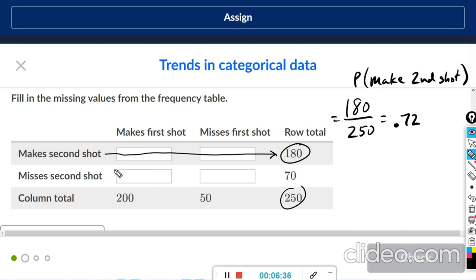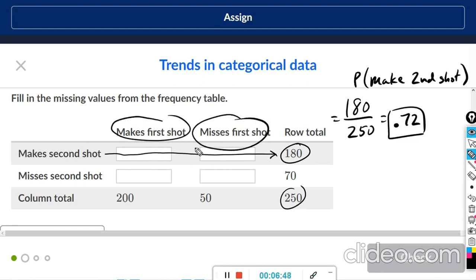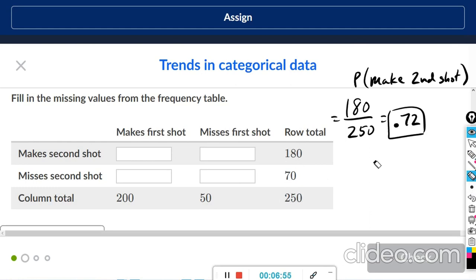So if these are all independent and the probability of making the second shot is 0.72, it should not matter if he makes the first shot or he misses the first shot, because it says the events are independent. So the probability of making the second shot is 0.72. For making the second shot, it doesn't matter if he makes the first or misses the first.